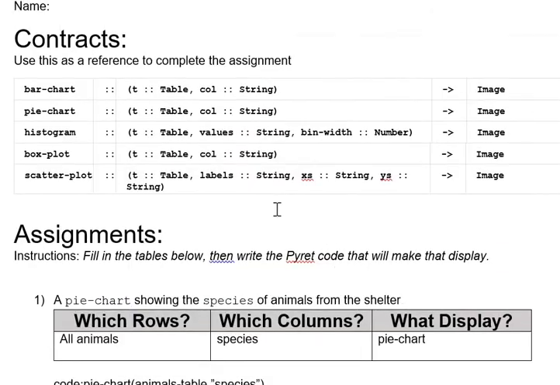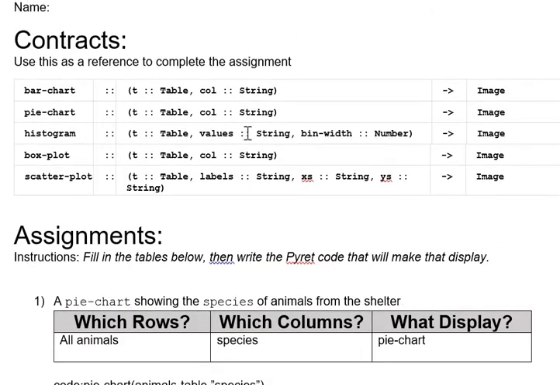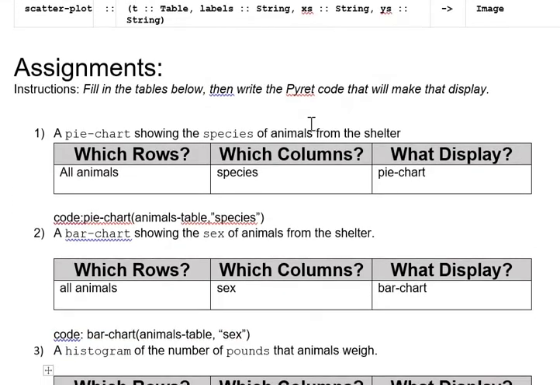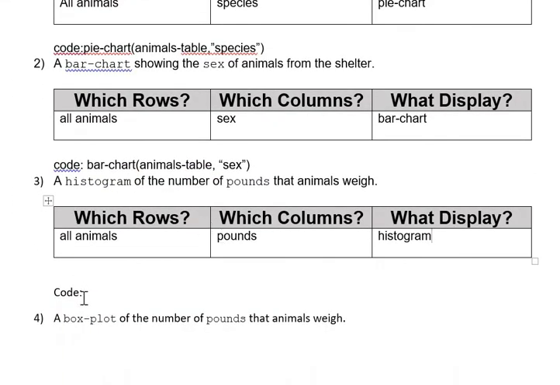So I go up to histogram. It takes in a table, it takes in values, which is going to be the string, and bin width, which is a number. Bin width is how wide you want the histogram bins to be. Do you want it to go by 2s, by 10s? So again, histogram, animals table, pounds, and the bin width, I want it to be 5.